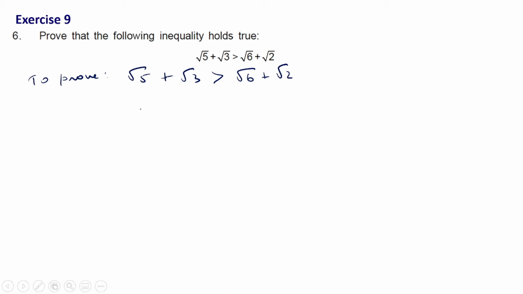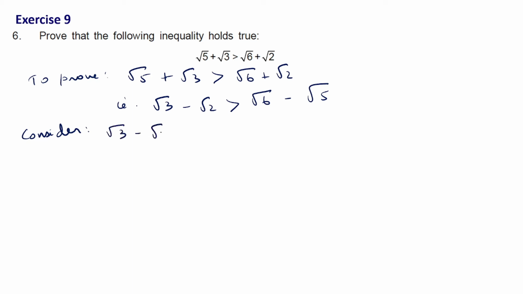Or instead of proving this, we can also prove root 3 minus root 2 greater than root 6 minus root 5. If we prove root 3 minus root 2 greater than root 6 minus root 5, again it is the same. So first let us consider root 3 minus root 2.